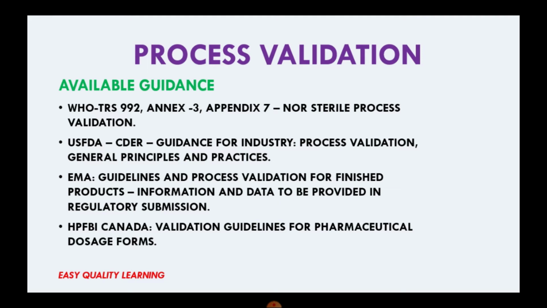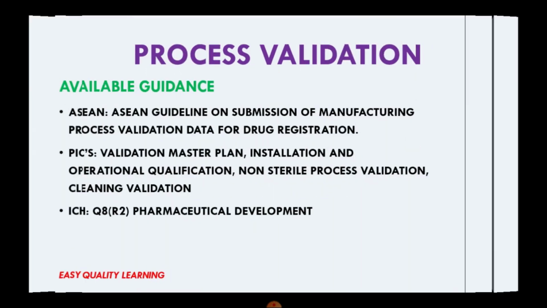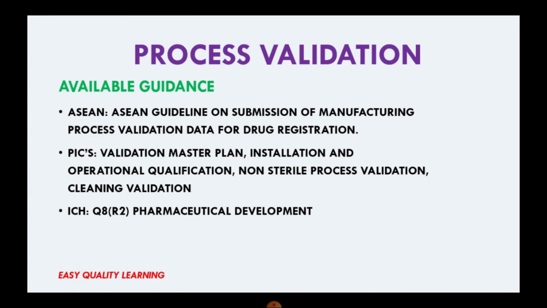EMA Europe also has guidance for process validation, that is guidelines on process validation for finished products, information and data to be provided in regulatory submission. Health Canada, validation guidelines for pharmaceutical dosage forms. And next one is from ASEAN, ASEAN guidelines on submission of manufacturing process validation data for drug registration.